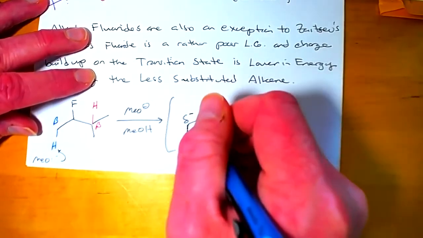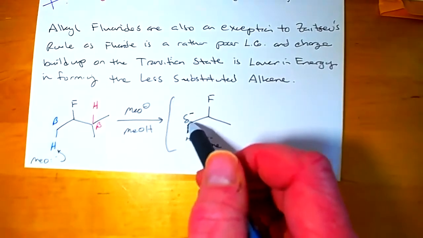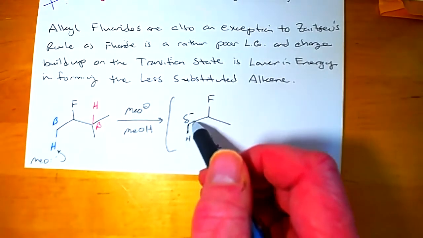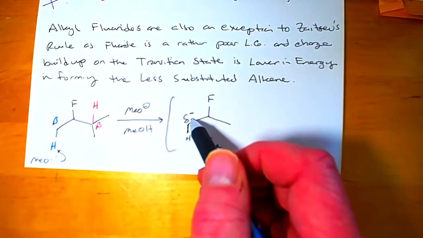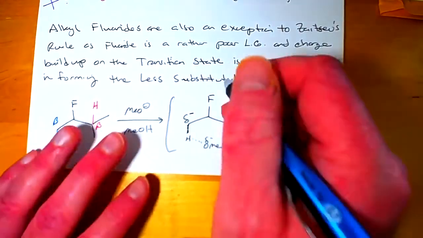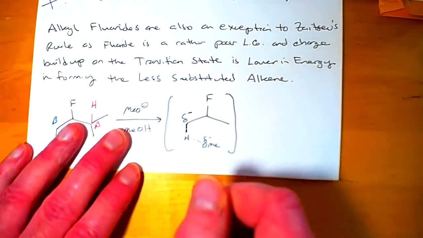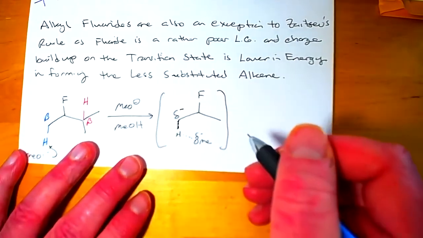Because of that, the charge buildup is preferred on a less substituted carbon, simply because the more carbons on it, the more electrons surround that negative charge. And so this ends up being the lower energy transition state.